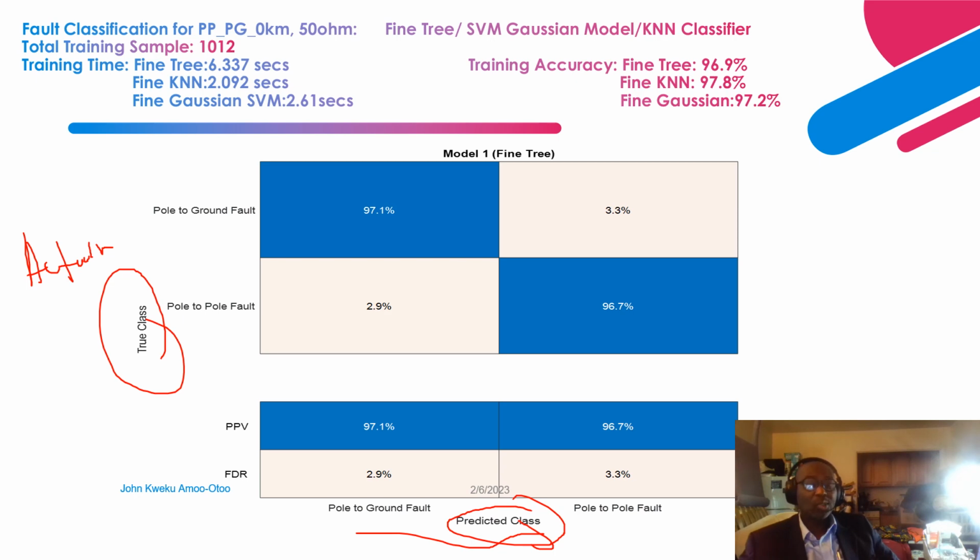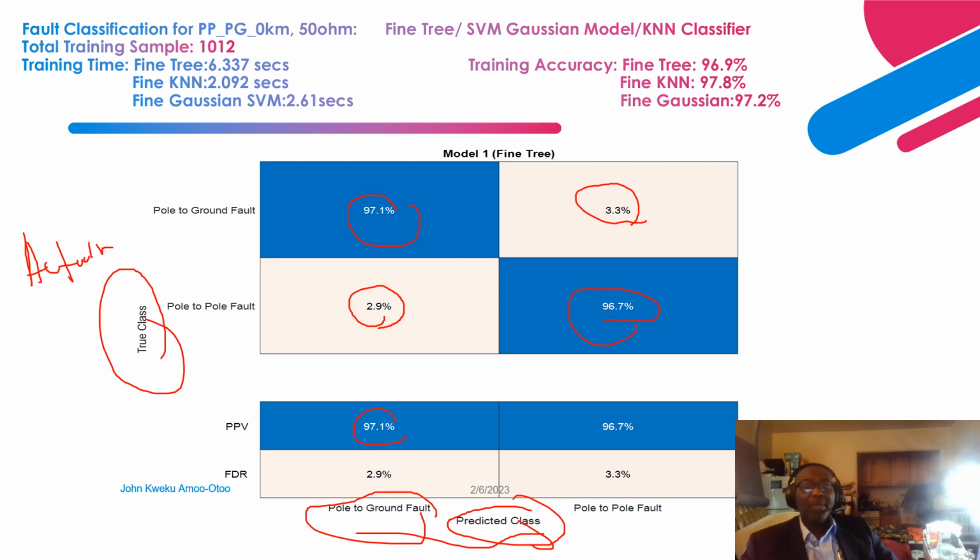Percentage-wise, for a pole-to-ground fault, the percentage classified correctly is 97.1, and the ones misclassified is 3.3%. For pole-to-pole fault, 2.9% was misclassified, and 96.7% was correctly classified.